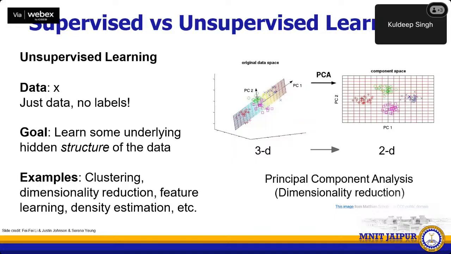So we can remove that particular dimension and only consider the dimensions where we have higher variations in the data so that it can clearly define the data points. So this is another type of unsupervised machine learning. We call it dimensionality reduction. One of the popular techniques for dimensionality reduction is principal component analysis.